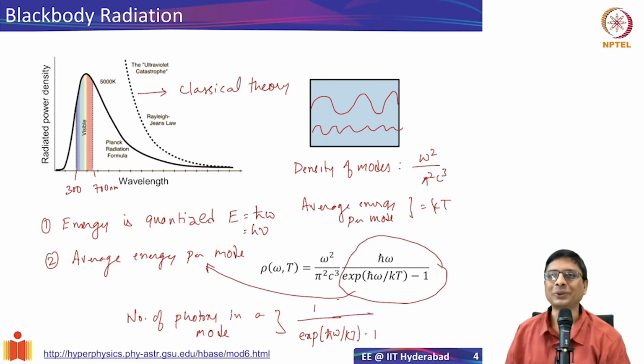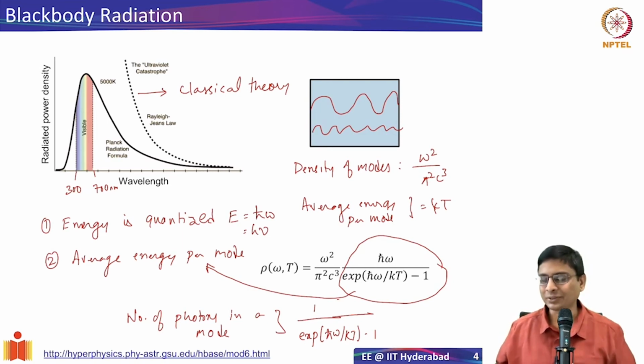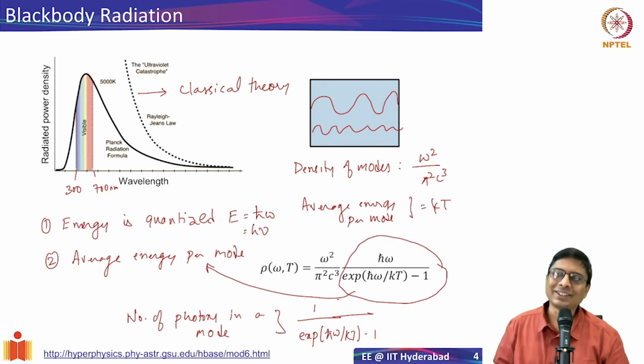This is the expression for the number of photons per mode. I'll use it again at one point. So this basically captures the number of photons. The energy of each photon is h cross omega, and the number of photons is that, so the product gives you the average energy per mode. So it's all built in, and it turns out to be very tiny.